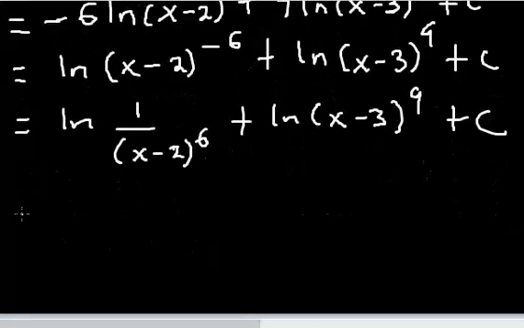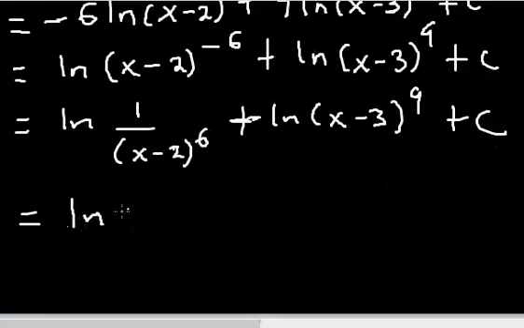Let's finalize this by applying the multiplication law of logarithm. Remember, ln is actually a natural log. When you add two logs of the same base, you can multiply the logs.